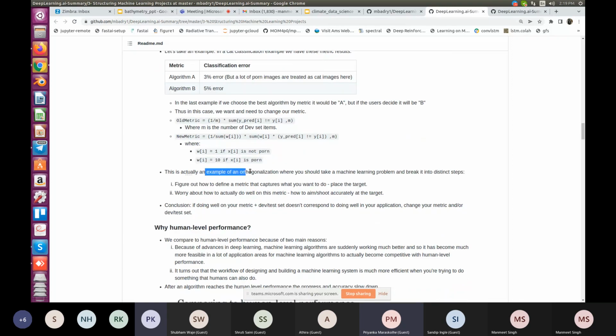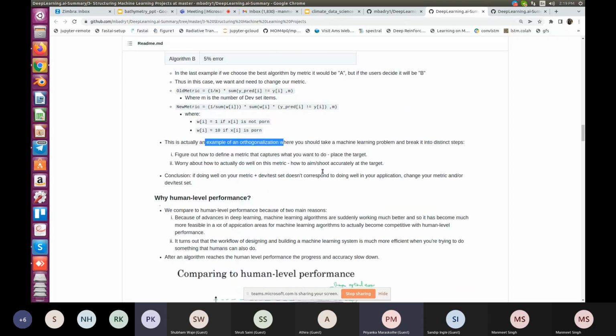And this is an actual example of orthogonalization, where you take a machine learning problem and break it into distinct steps. So first figure out how to define a metric that captures what you want to do, to place a target, and then worry about how to actually do well on this metric. So it's a very iterative process. You have to go back and forth and see how your model is performing, why it is performing well or badly, what the comparison is between two models, and whether there is a realistic improvement in performance based upon what the metric is telling us.